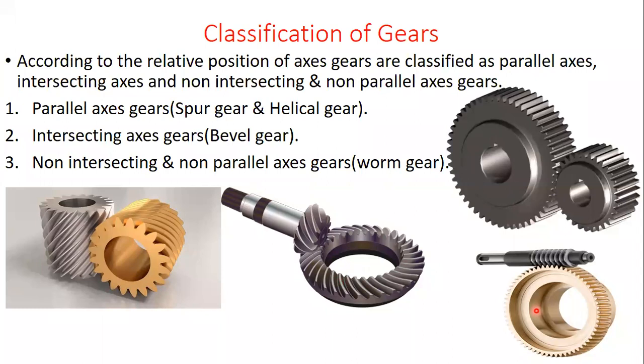If the axes of shafts on which the gears are mounted are neither parallel, here you can see that it is not parallel, and here it is not intersecting also, such types of gears are called non-parallel and non-intersecting axis gear. The example is worm gear. This is the worm gear.